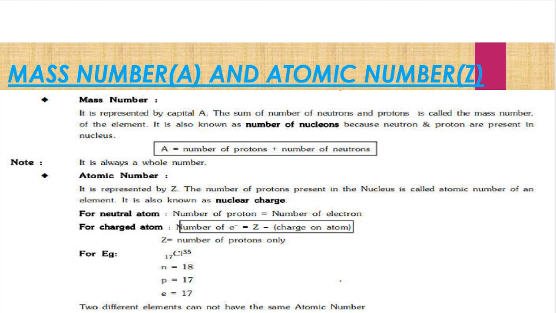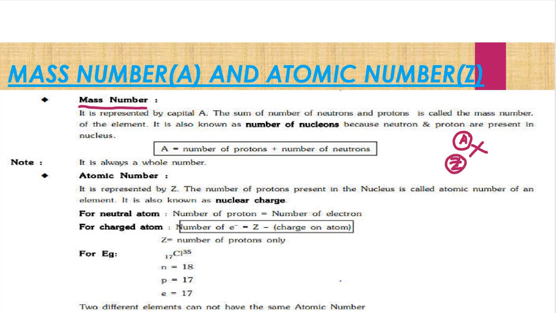As we have already discussed in the previous video, if there is an element X, we can represent the mass number of that element as A, which is written on the upper side, and the atomic number as Z, which is written on the lower side.